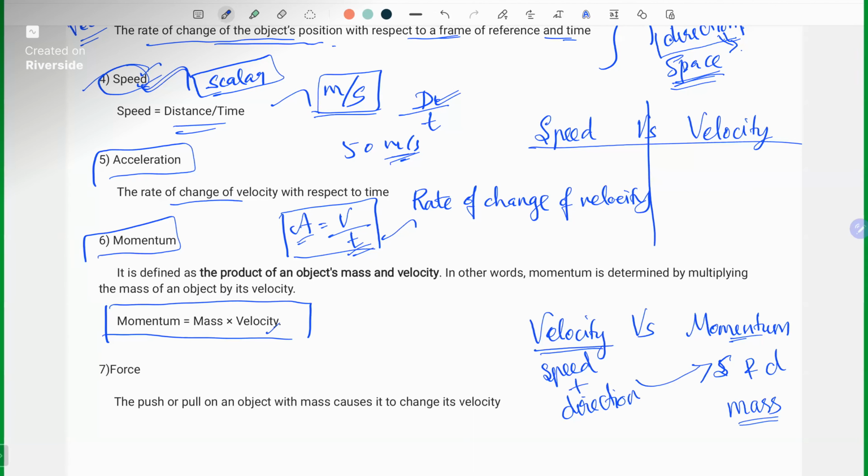Whenever an object with mass has some velocity, then we will say it has momentum. So momentum is mass multiplied by velocity. This is the formula. Take down this formula as well, put velocity versus momentum and write down these things. In addition to speed and direction contained in velocity, when mass gets multiplied, it is momentum.